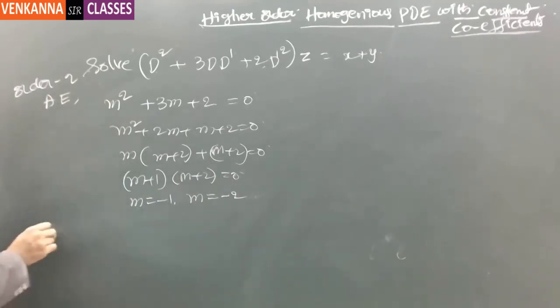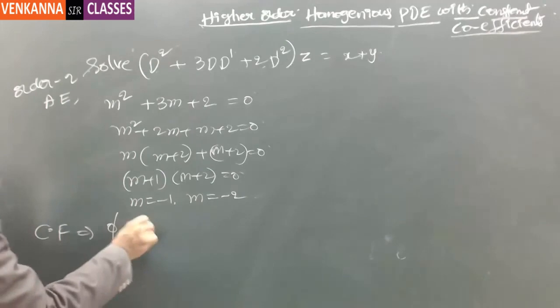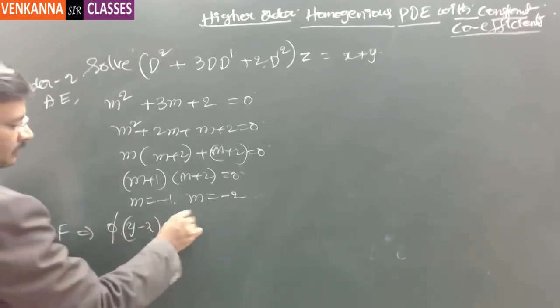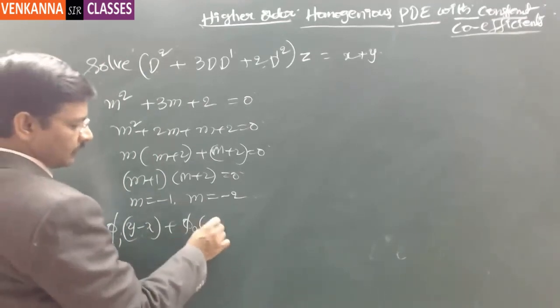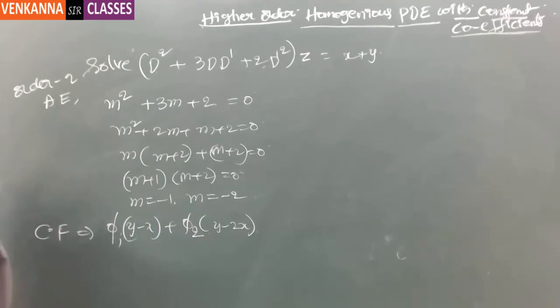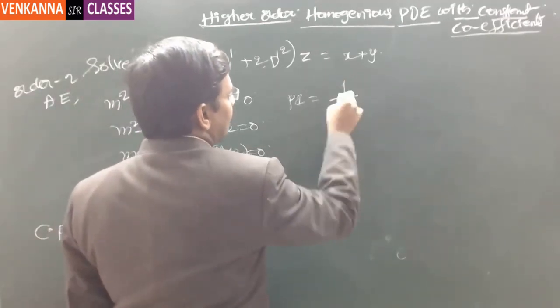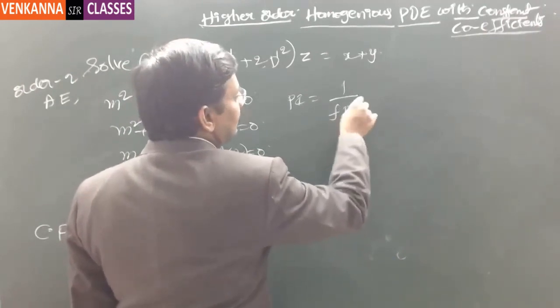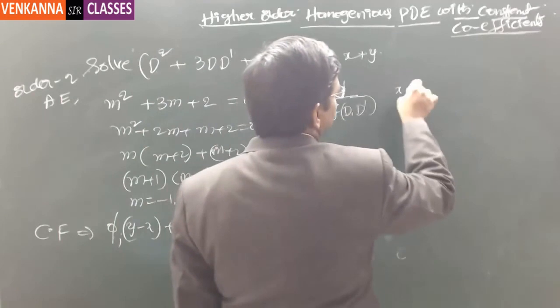Then the complementary function will be an arbitrary function phi 1 of y minus x plus phi 2, another arbitrary function, of y minus 2x. So this is the complementary function. To find the particular integral, PI is equal to 1 by f of D comma D dash operated on x plus y.